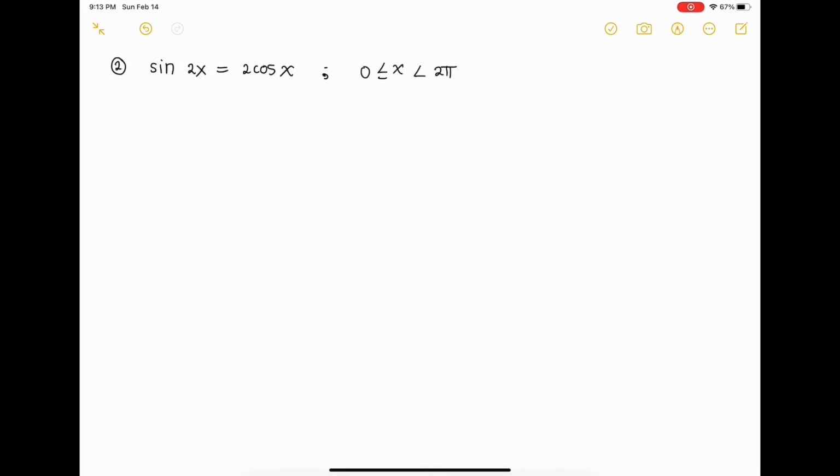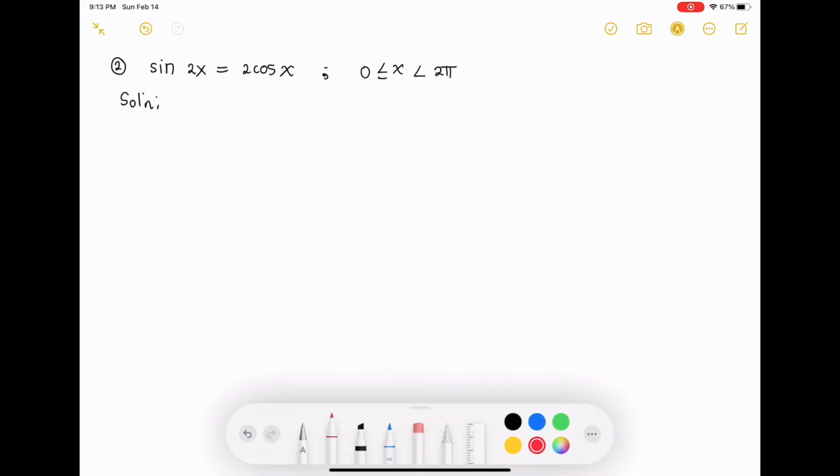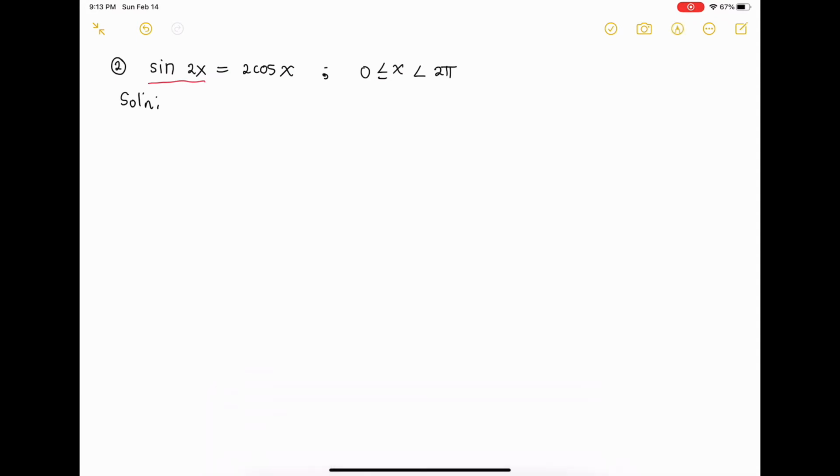Solve sine 2x equals 2 cosine x such that x is greater than or equal to 0 but less than 2 pi. For number 2, we need to find an identity for sine 2x. How do we do that? We need to apply the double angle identity for sine function.